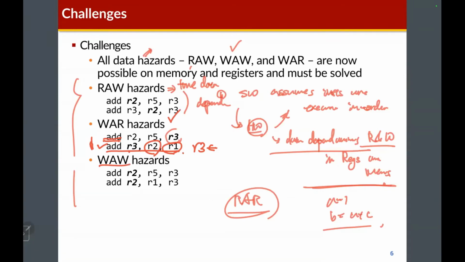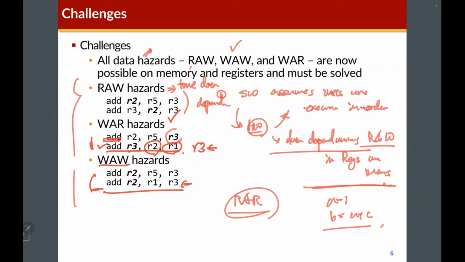You can also easily see some problems with the WAW hazard. The same register is being written by two different instructions, and the future instruction can be executed early. So what's the problem?